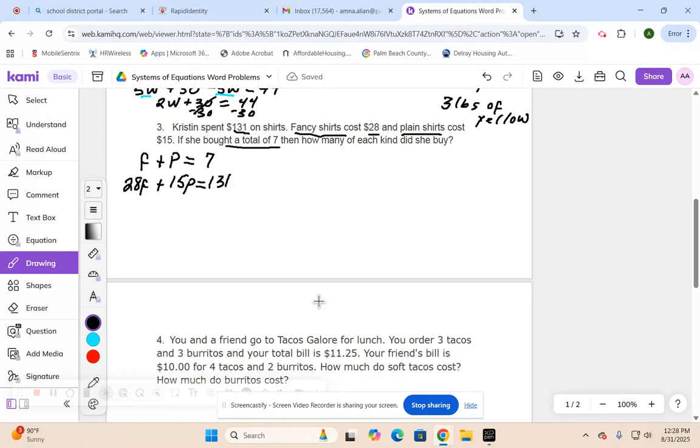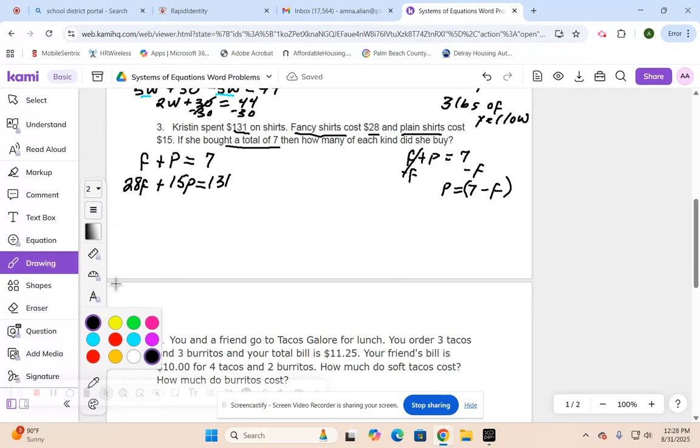Okay, we need to solve the top equation for F or P. F plus P equals 7. Let's solve it for P. Minus F, minus F. So we'll have P equals 7 minus F. So that's our replacement value for P.